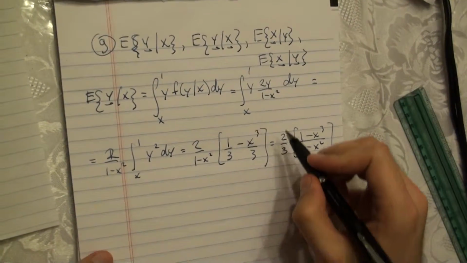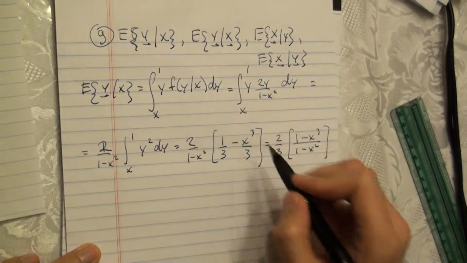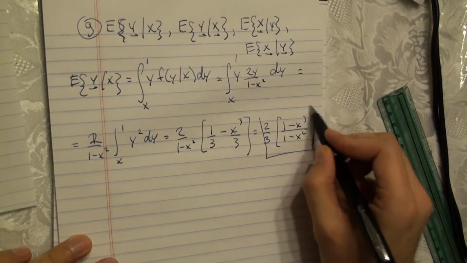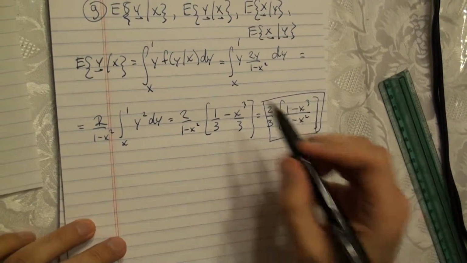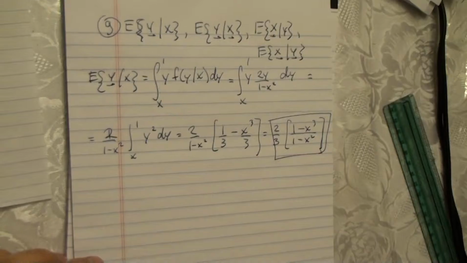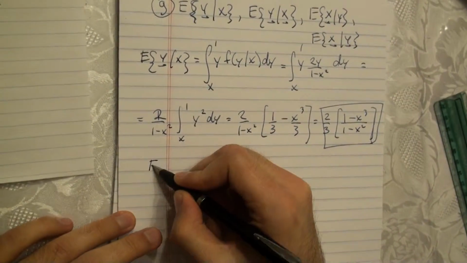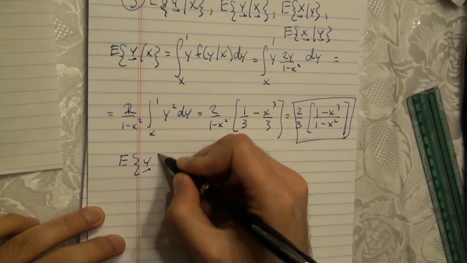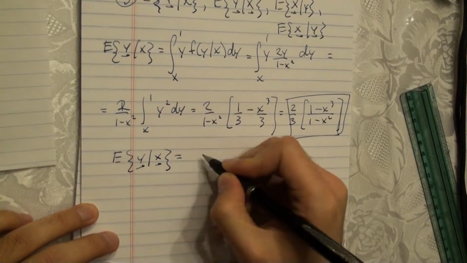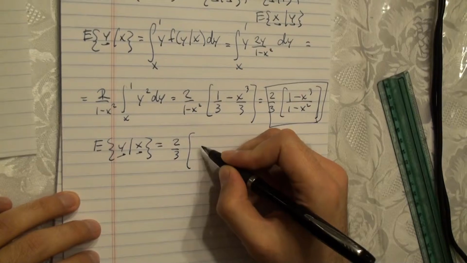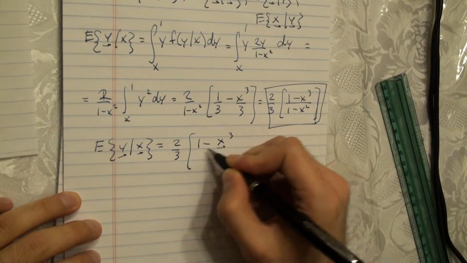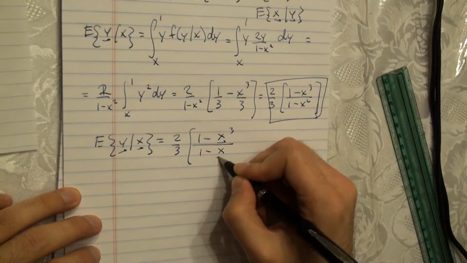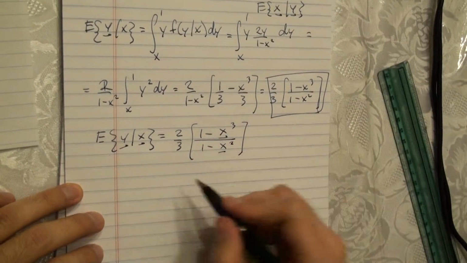So that is the first one, this guy right here, E of y given x. E of y given X, the random variable, is just going to be the same thing, except I'm replacing x with a random variable. So this is just going to be 2/3 times 1 minus X cubed over 1 minus X squared, where X is the random variable.